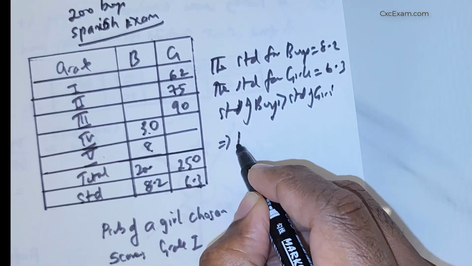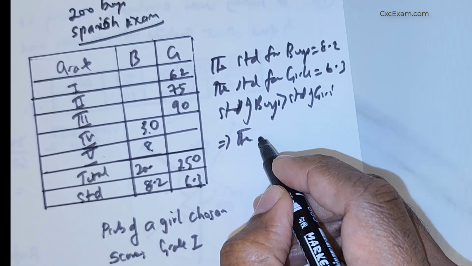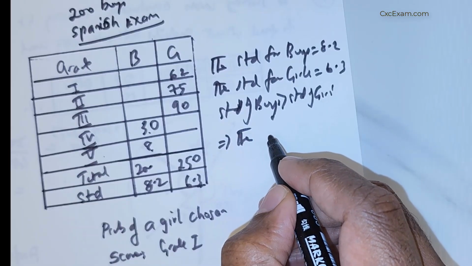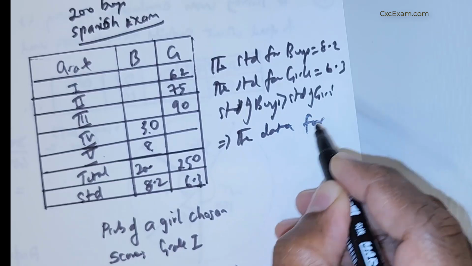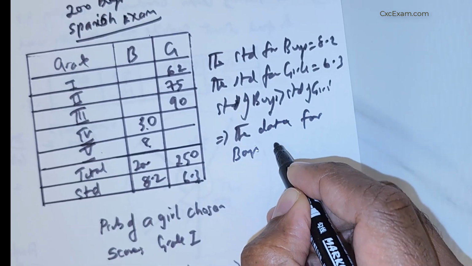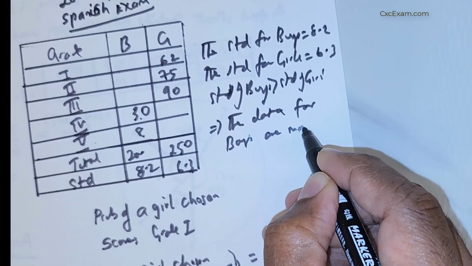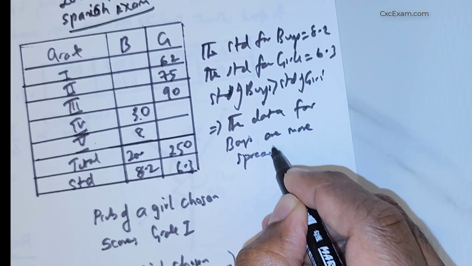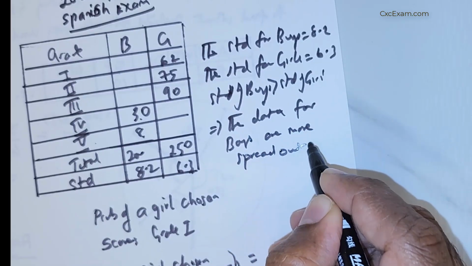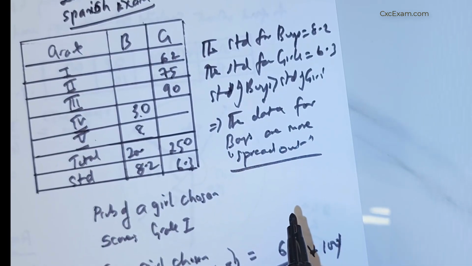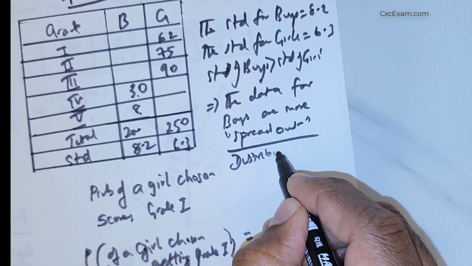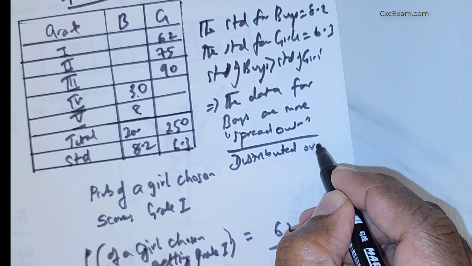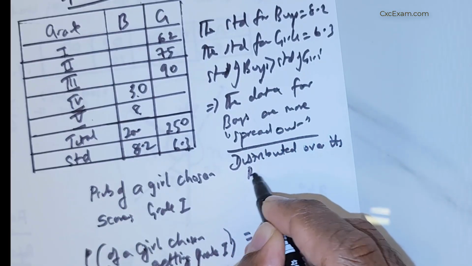So this means the data for boys are more spread. This is the word you have to use, spread out. Okay, spread out, or you can use the word distributed over its range.